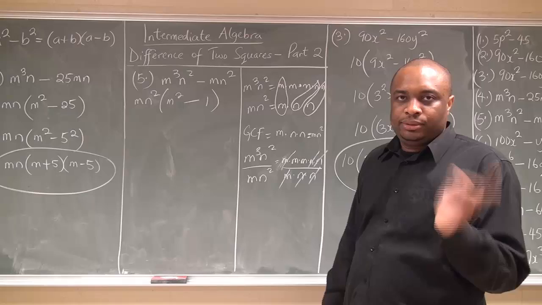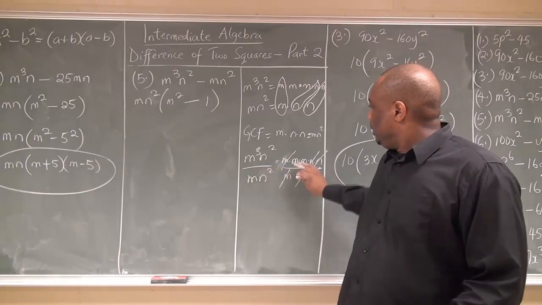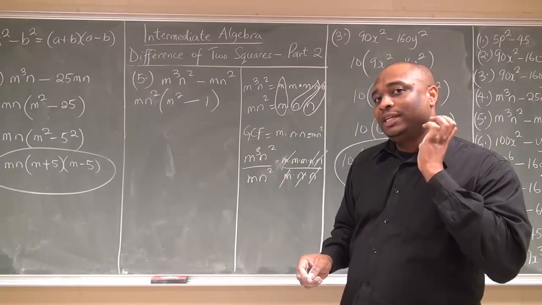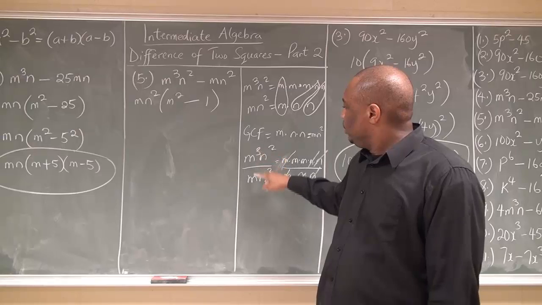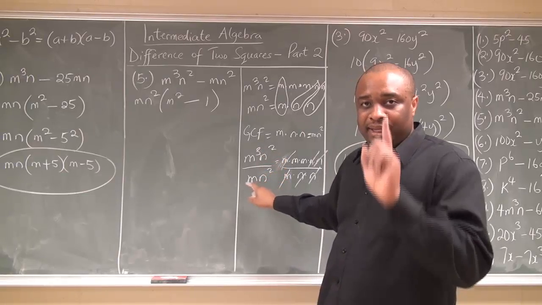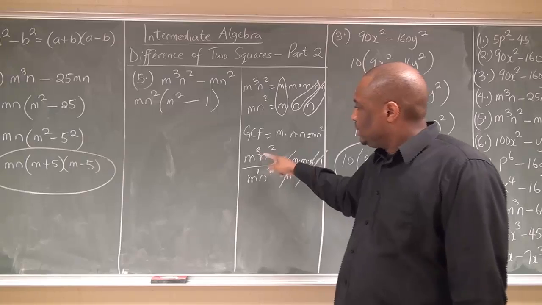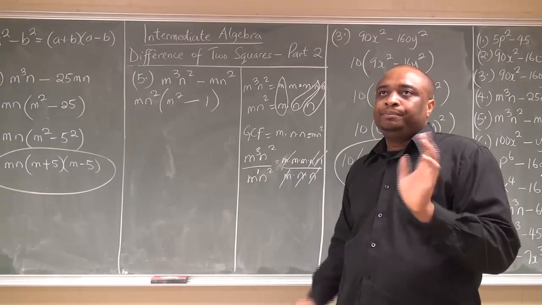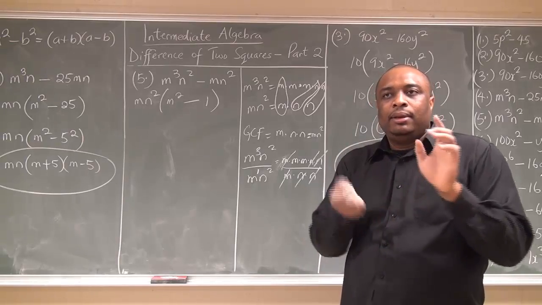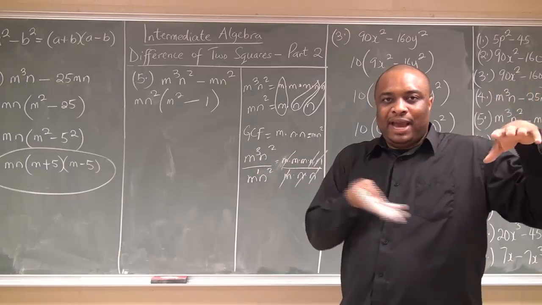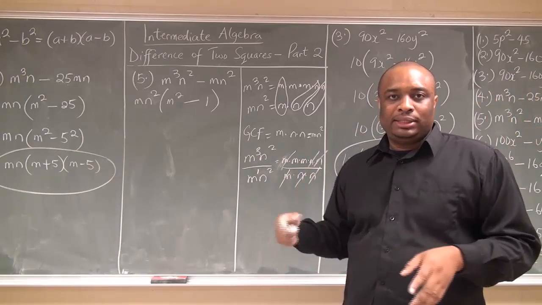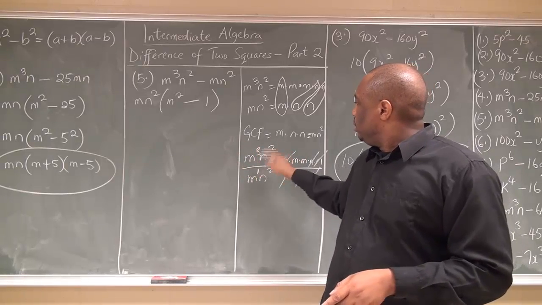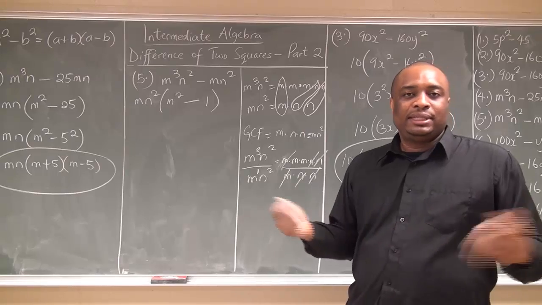Now, another thing you can do is this. If you don't want to write it out like this, you can apply your law of exponents. This is m cubed divided by m, and this m means m to the 1. So this is 3 minus 1. Remember, if they have the same base but different exponents, and they are dividing, you have to subtract the exponents. So 3 minus 1 is 2, and 2 minus 2 is 0. Anything raised to power 0 is 1.